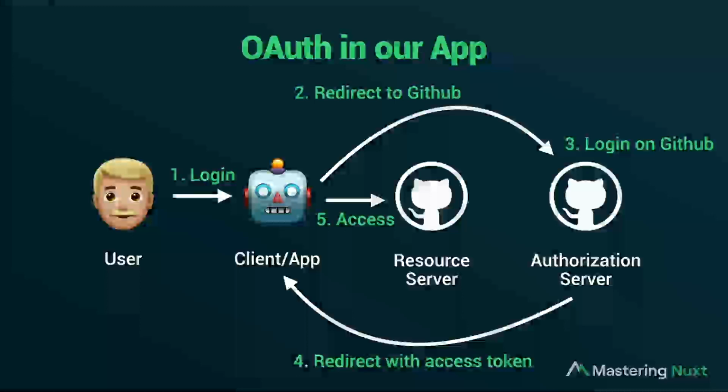So with our Twitter bot example, once we have logged in and gotten that access token, we can then use that token when we want to make tweets, when we want to retweet, when we want to like. And that access token is what the resource server is expecting. This access token represents our permission to actually interact with it.